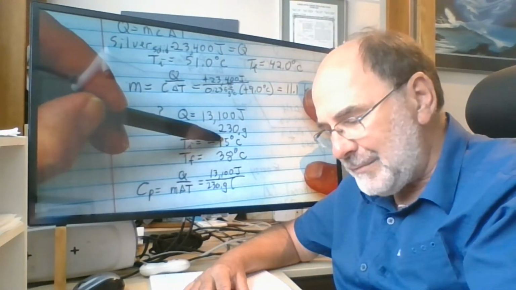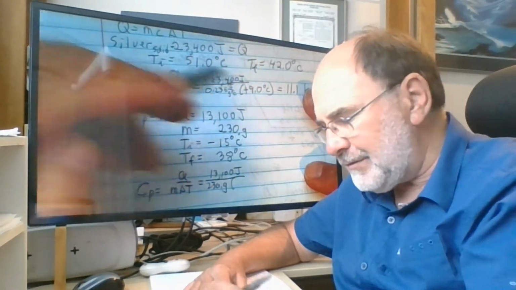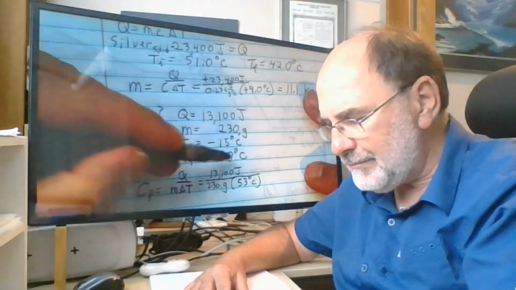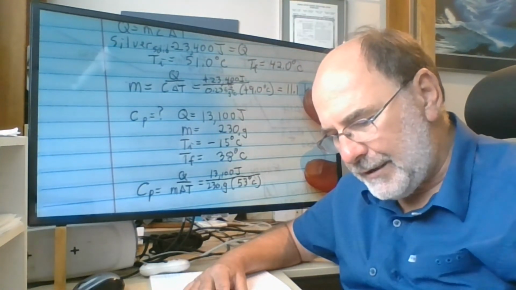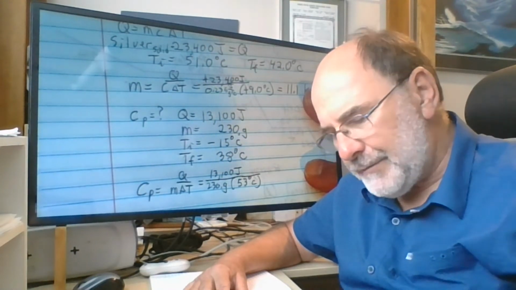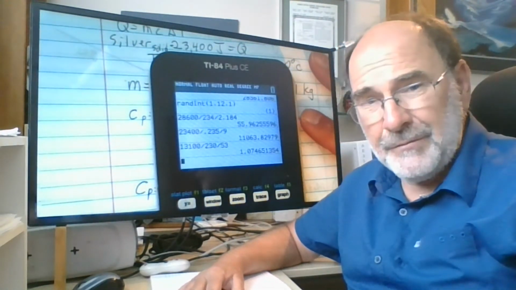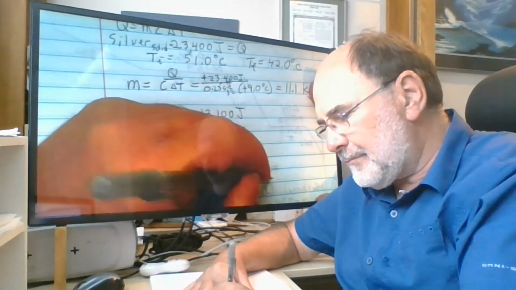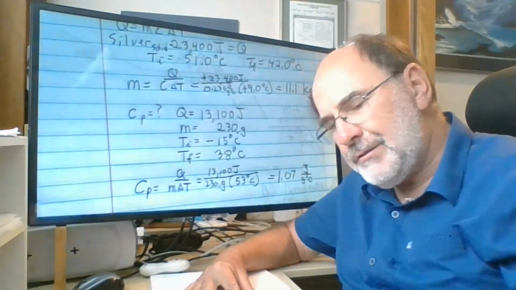Final minus initial means 38 minus negative 15 is really 53 degrees of change in temperature, right? So into your calculator, 13,100 divided by 230 divided by 53, and the calculator says, aha, this is 1.07 joules per gram per degree C.